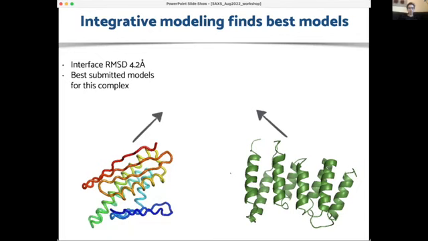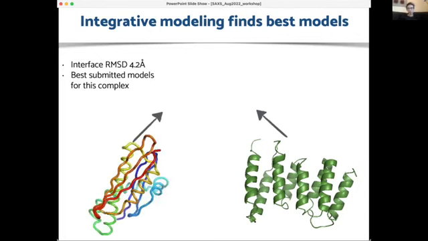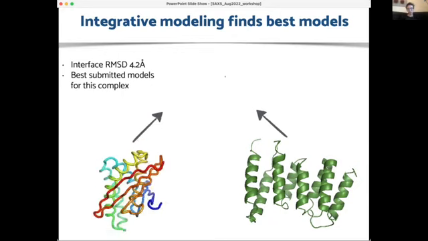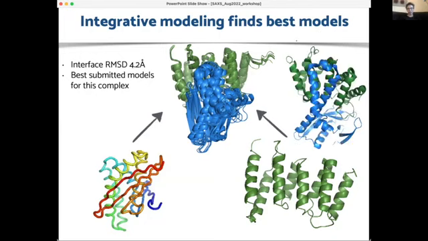And once we docked them and started to select based on interprotein crosslinks and SAXS, we could see convergence. So we were obtaining clusters of very similar models. Here docking helped the folding, and we could select the correct model, and it indeed turned out to be very close to the crystal structure here on the right.